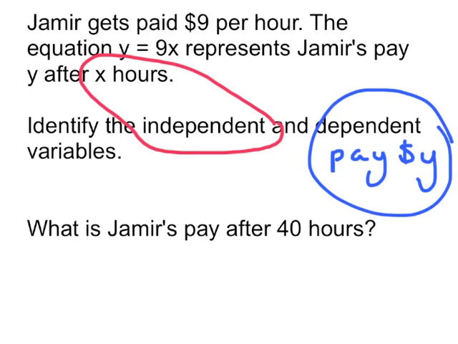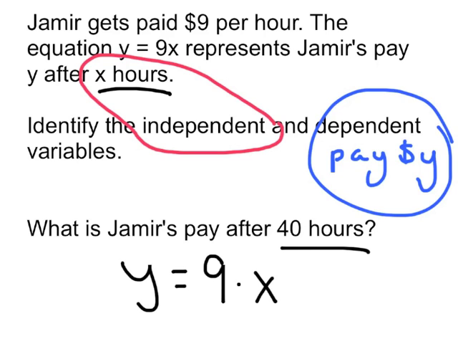What is Jameer's pay after 40 hours? Now in the problem it says x hours, 40 hours. 40 goes into the x. Now we rewrite the equation. y equals 9 times x. We said that the x is the hours.